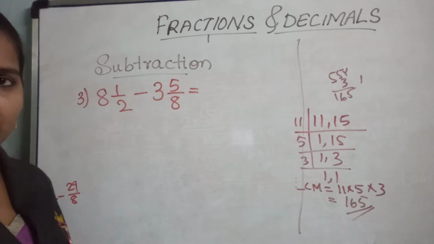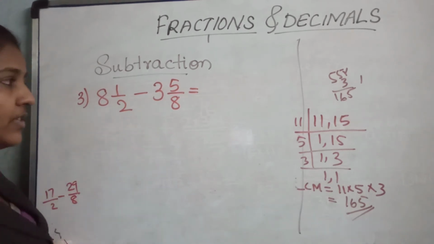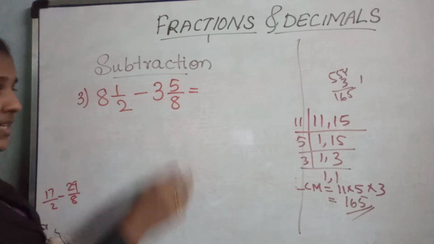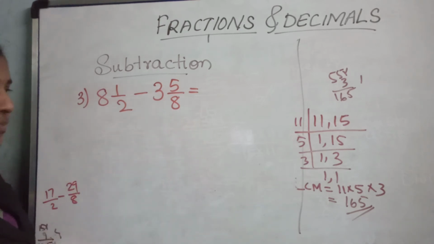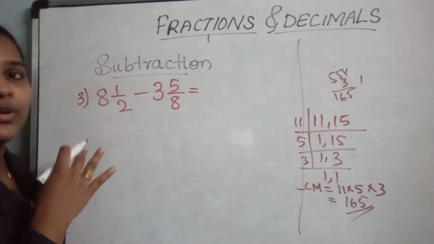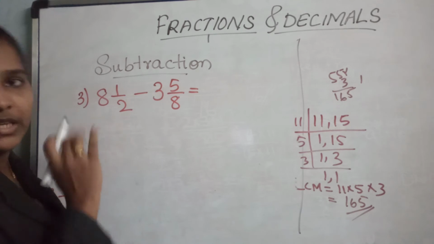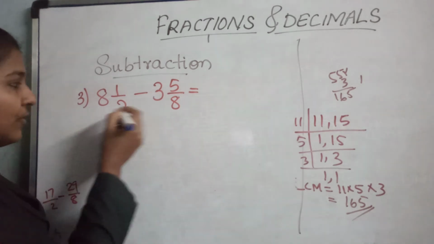Children, now the next type of question in subtraction is subtraction of mixed fractions. So here are two mixed fractions and you have to subtract these two. We know, same as in the addition, we have to convert the mixed fraction to an improper fraction before doing the subtraction. Okay. So first do that.